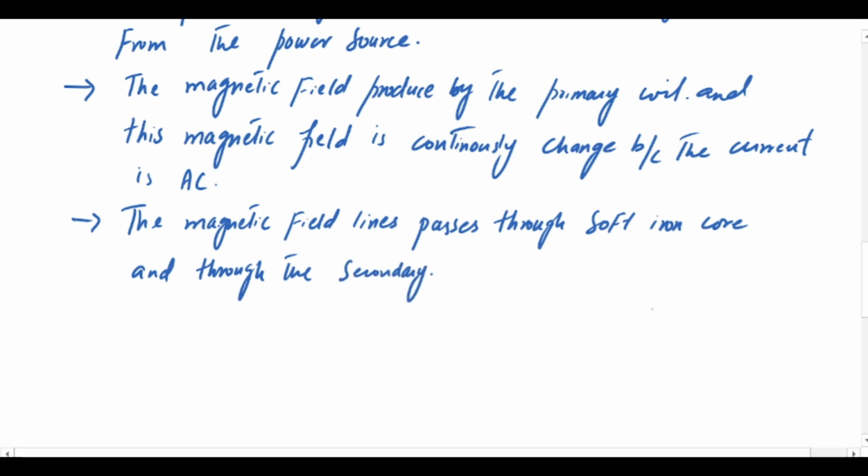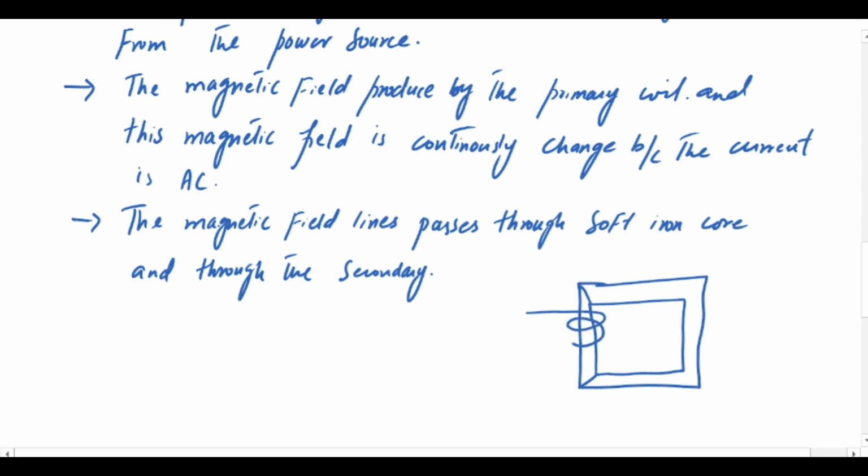Okay, because for example, this is a core of the transformer, central core of the transformer, and on one side there is a primary coil and on the other side we have the secondary coil. So the primary is connected with the AC and secondary is connected with any electric bulb.